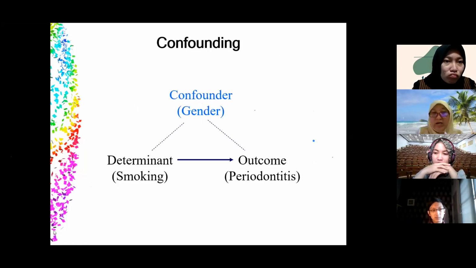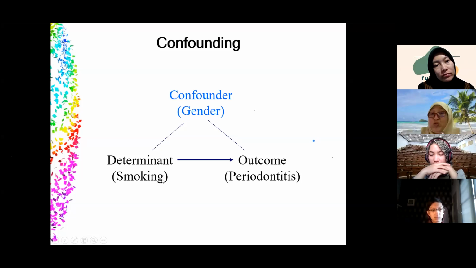Confounding ni contohnya, katakan paper itu objektifnya untuk tengok whether smoking cause periodontitis, whether smoking is associated with periodontitis. But you know, yeah, the main confounder is gender, yeah, because male smokes more than female, and most smokers are males compared to female.